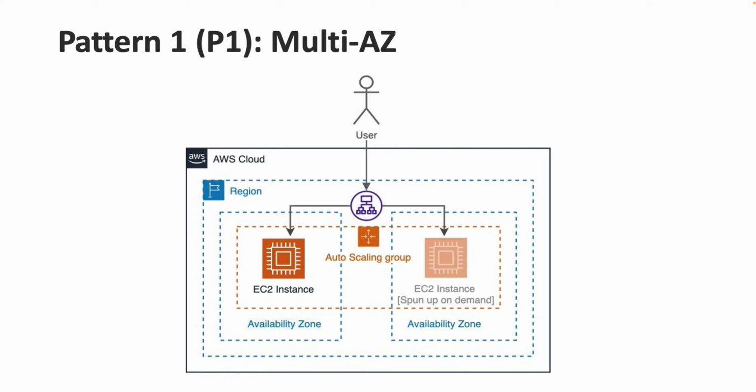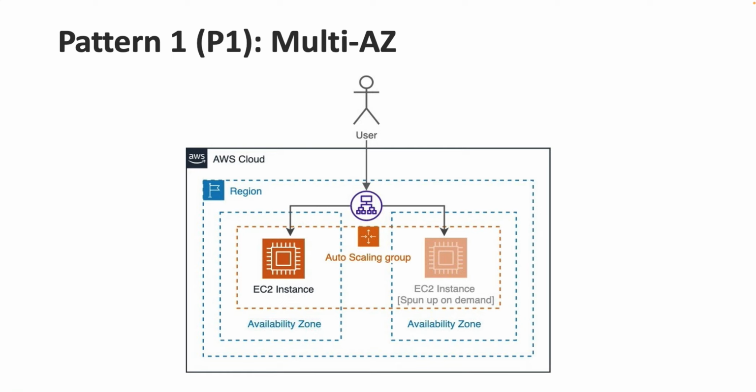The P1 pattern uses a multi-AZ setup where applications operate across multiple AZs but within a single region. You can see that an EC2 instance is being provisioned in one AZ, but the second AZ has a backup EC2 instance situation deployed through an auto-scaling group.